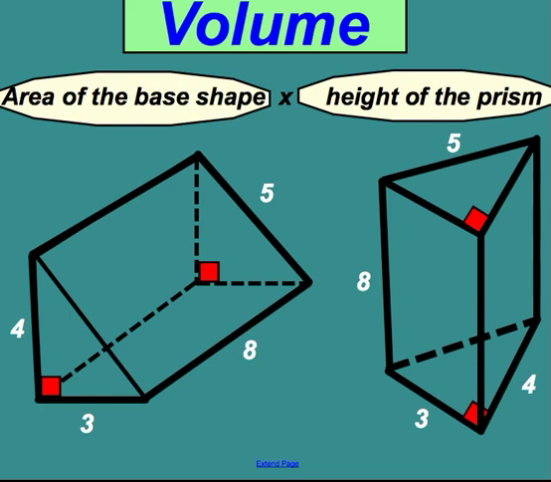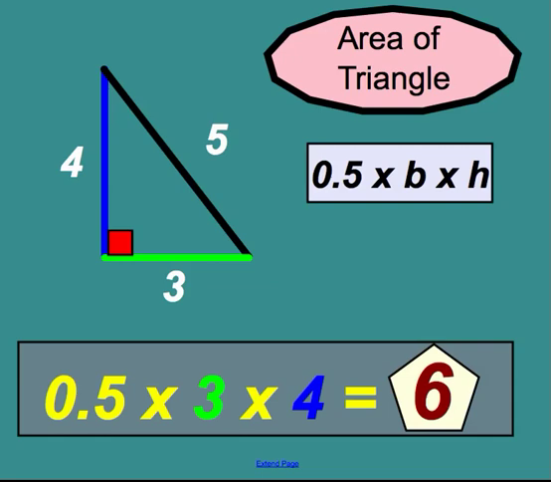First, I have to remember the area of a triangle is found by taking 1/2 times the base times the height of the triangle. My triangle had a base of 3 and a height of 4, so 1/2 times 3 times 4 gives us 6 units, the area of the triangular base.